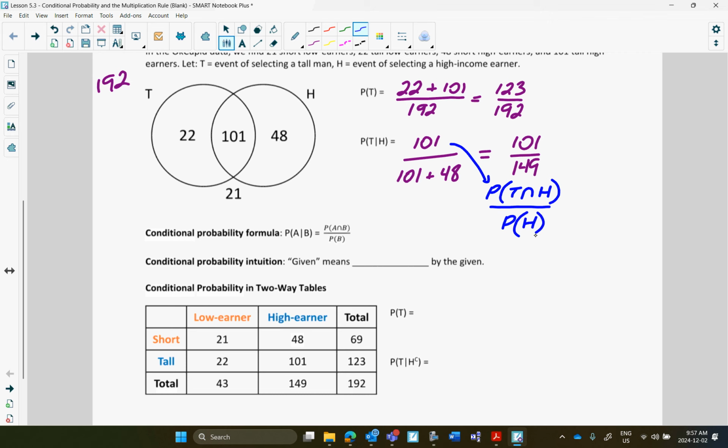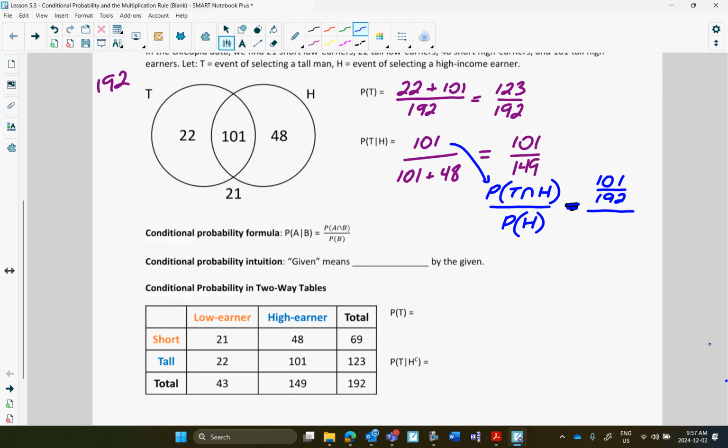Because if you think about it, the probability that they're tall and high income is 101 out of 192.